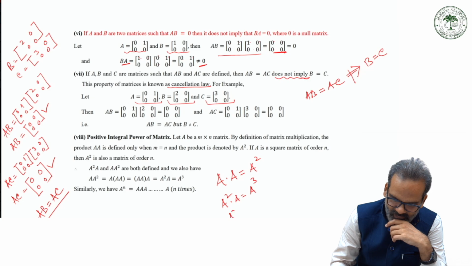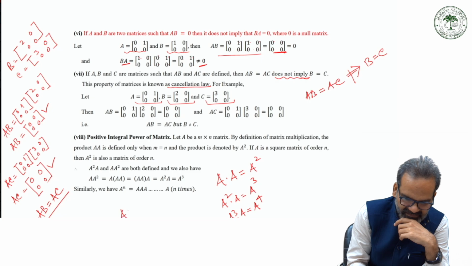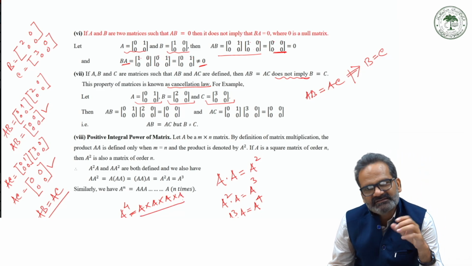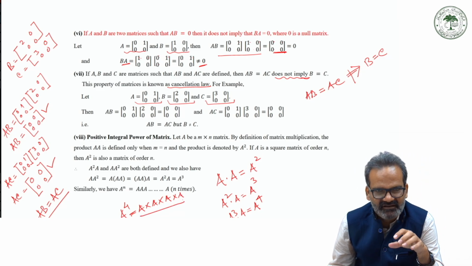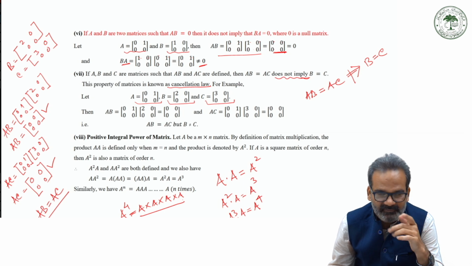Similarly, A cube multiplied with A gives A4, or we can write A4 is equal to A into A into A into A. How many times a matrix is multiplied with itself, we denote it by its integral power.